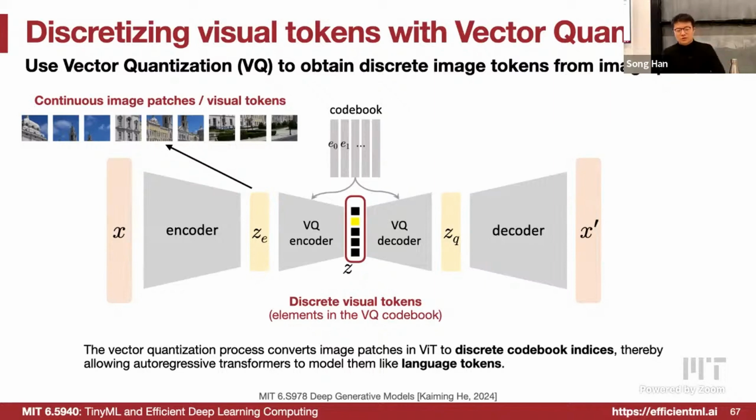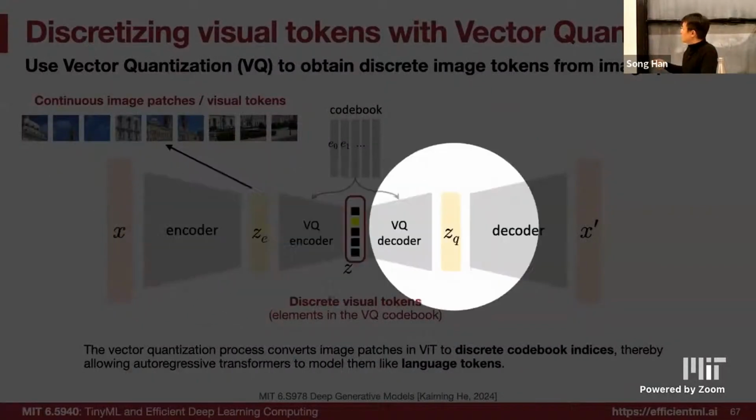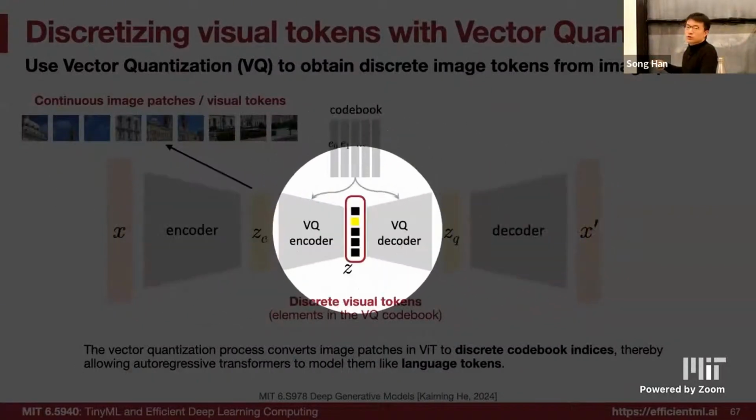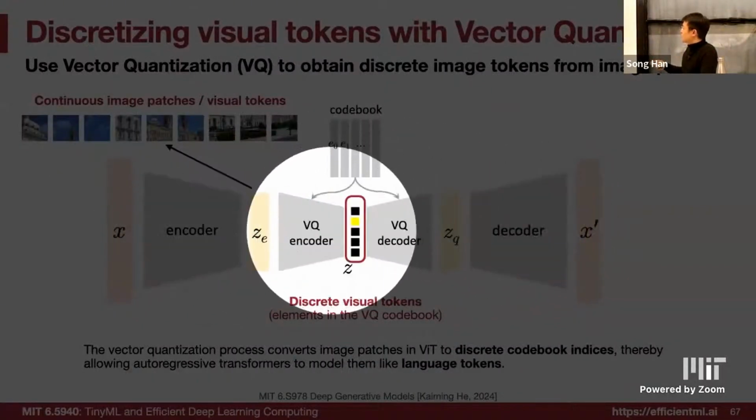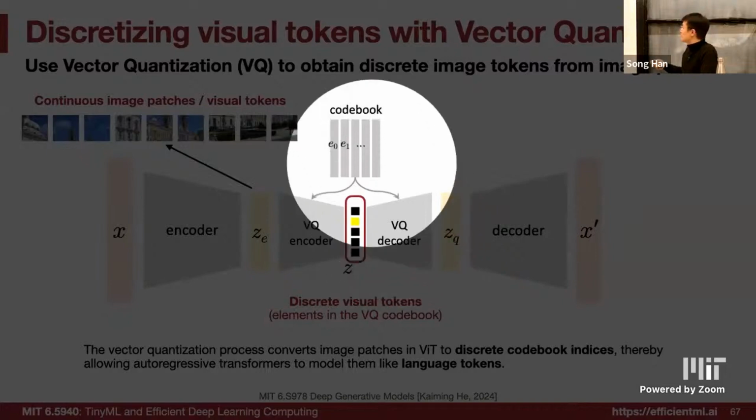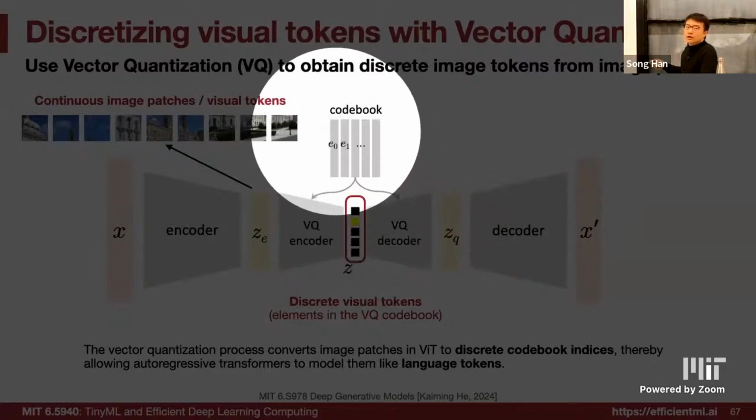This makes it difficult to supervise. So a natural way to harmonize these 2 modalities is to use discrete image tokens, so that we can fit it into the same autoregressive infrastructure as the large language model, and supervise it with the same loss as the language model. Previously, we had an encoder and decoder. Now we add a vector quantized encoder and a vector quantized decoder together with a codebook.